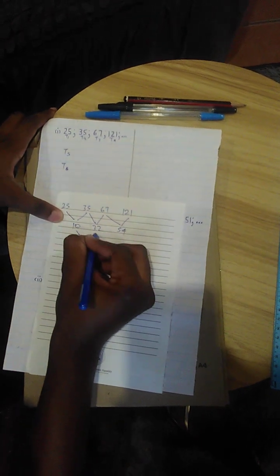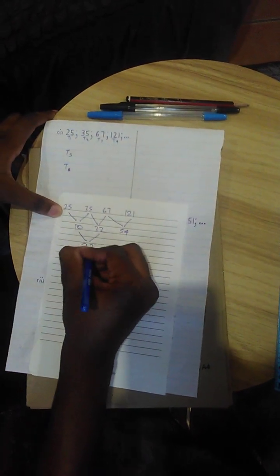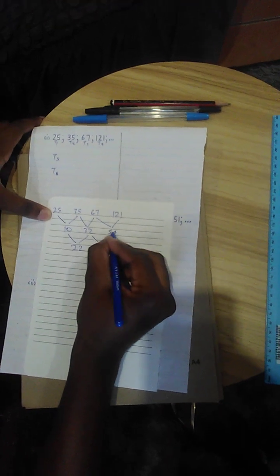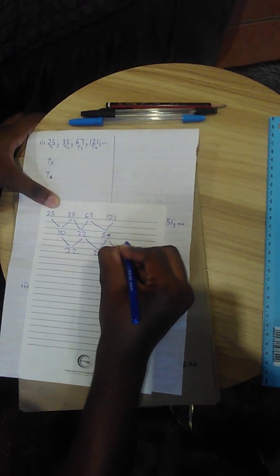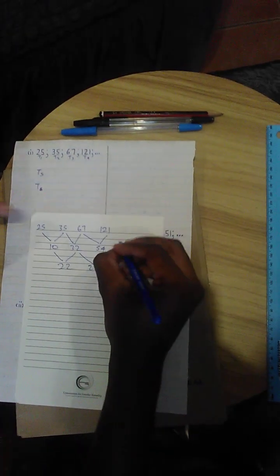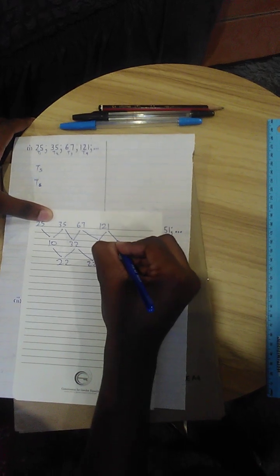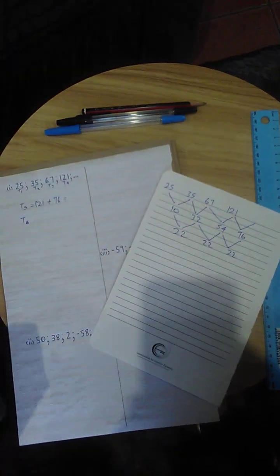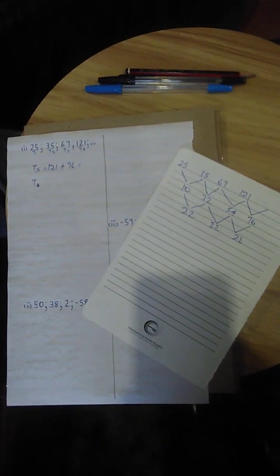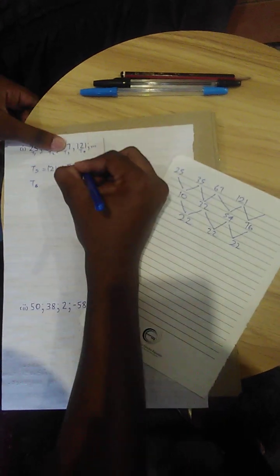So the second difference is 32 minus 10 is 22. 54 minus 32, 22. So it's going to be 22. When we add 54 plus 22, we get 76. 121 plus 76. So T5 is 121 plus 76, and we get 197.